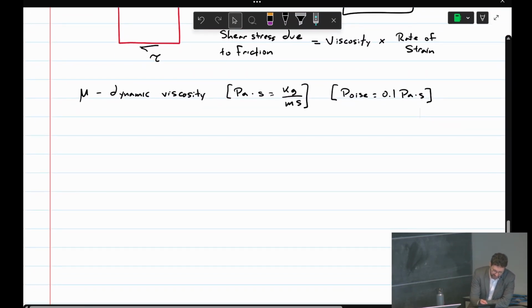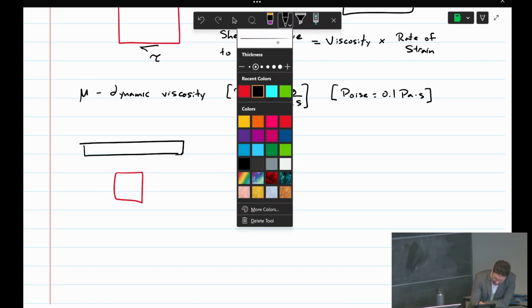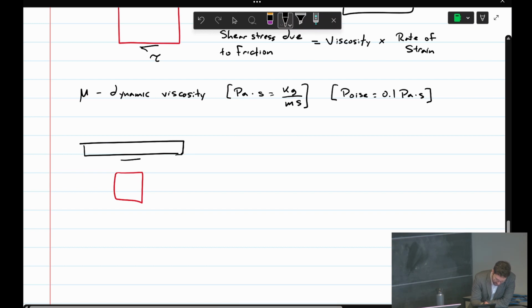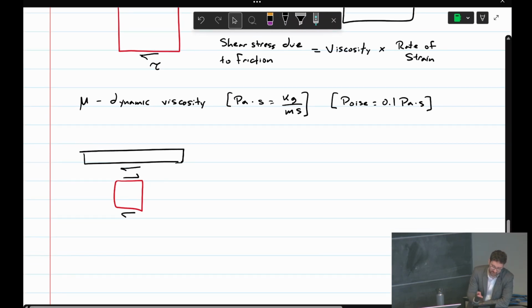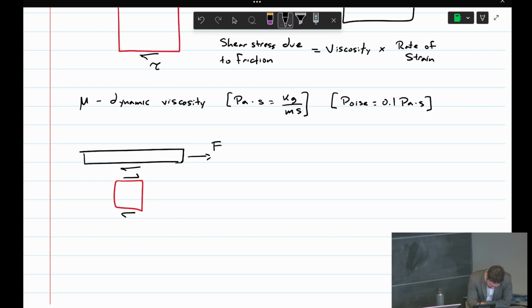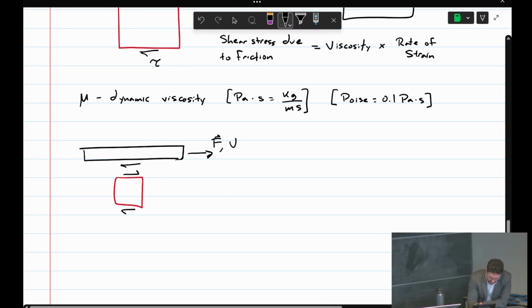Okay. So let's look at what happens at the top plate up above. Let's look at a fluid parcel right along that top plate. By the no-slip condition, this red parcel here is glued to the top plate. This top plate is moving. We're pulling on it with some force, and it moves at velocity u plate.